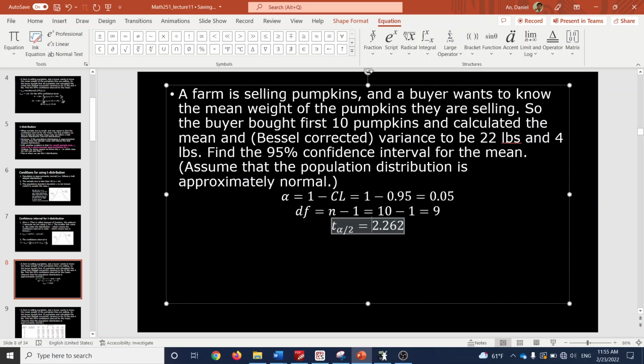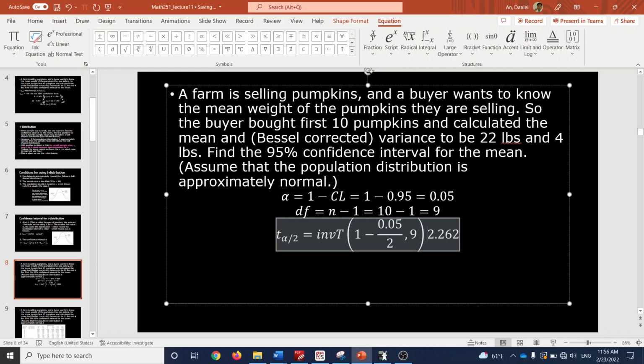And we obtain this by doing inverse t of 1 minus 0.05 divided by 2, comma 9, with degrees of freedom 9. Okay, so that's what we got.